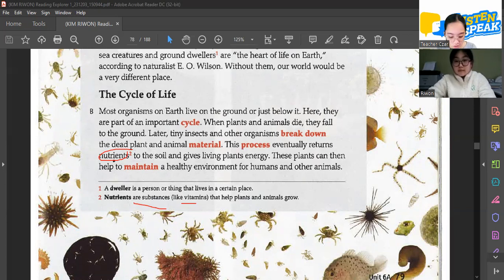So now, after reading paragraph B, you need to find the signal words. Okay, so what are the signal words here? Again, signal words are those words that you use to introduce a new sentence or a new topic. Here, okay, very good. When, okay, when.